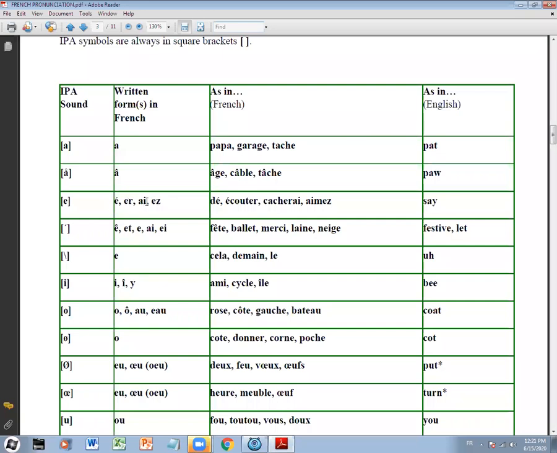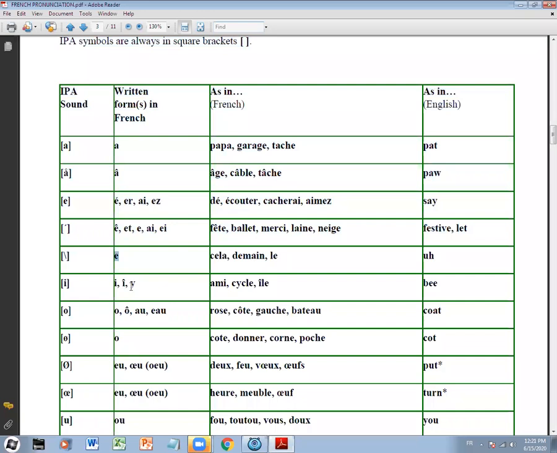The compound vowel we talked about, IE, then EZ. So we say de, écoute, cacherai, aimer. Next, again, pronounce fête, balai, merci, laine, neige. Next, we have cela, demain, le, okay?